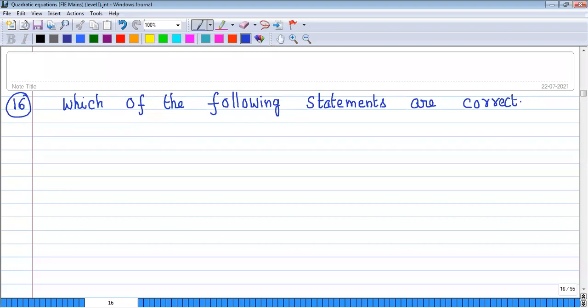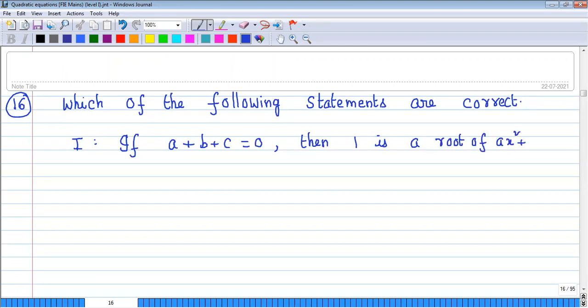The first statement: if a plus b plus c equals to 0, then 1 is a root of ax square plus bx plus c equals to 0. This is statement 1. So let me complete this one.